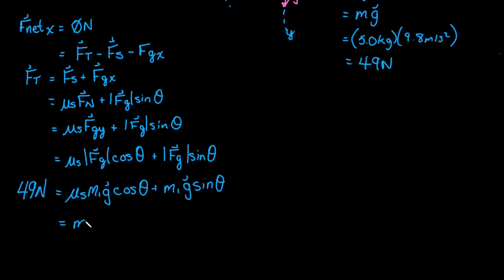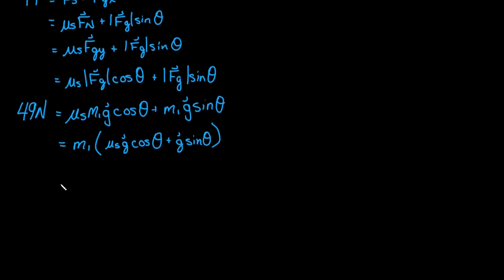So I'm going to factor out that mass, which leaves me with the coefficient times gravity times cos theta plus gravity times sine theta. So if we have that equal to 49 newtons, we're solving for M1.